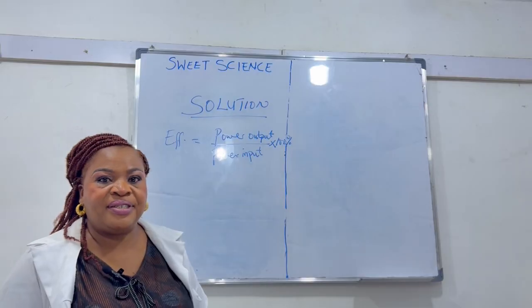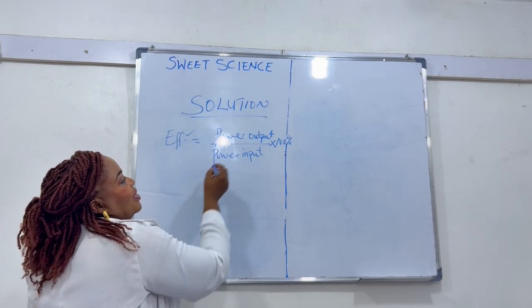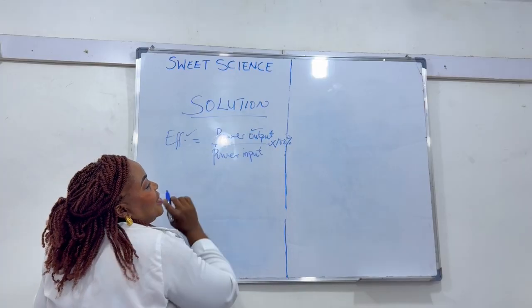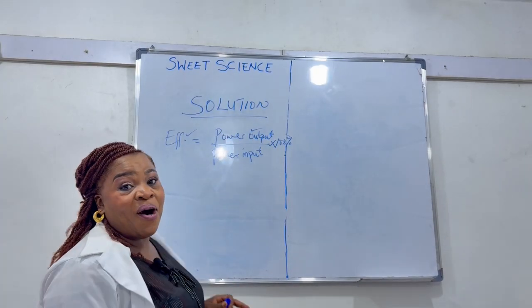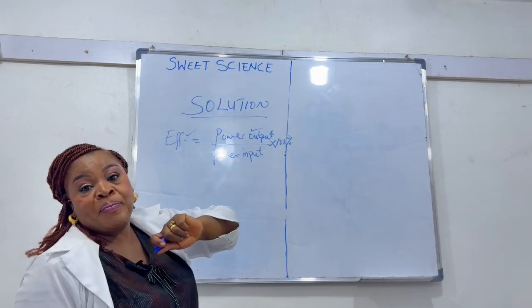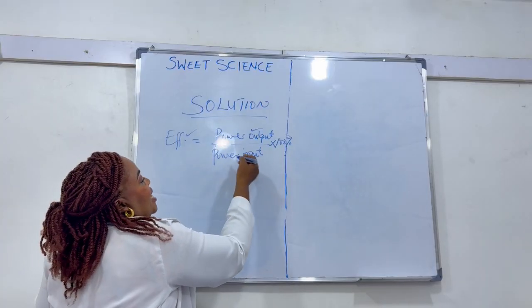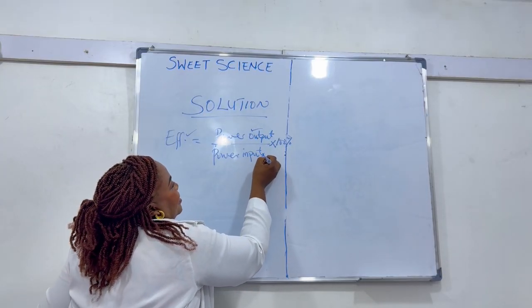That is efficiency. Now, efficiency is known, power output is known. Is it known, or we are going to work it out? We work it out, but we have parameters that will help us to work it out. And then the input is unknown.